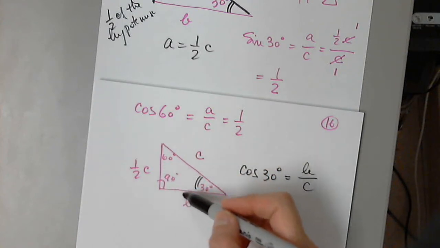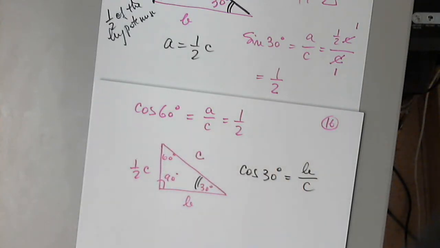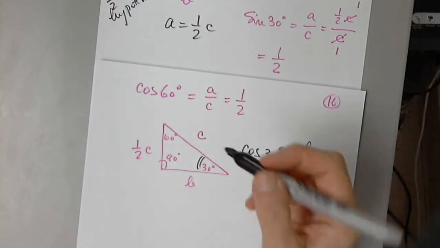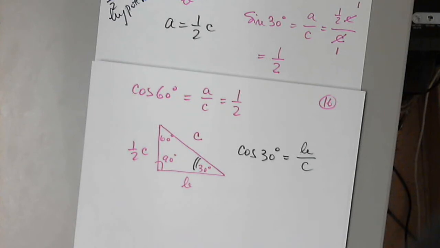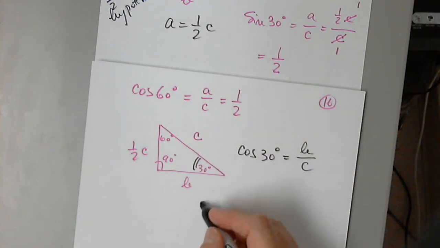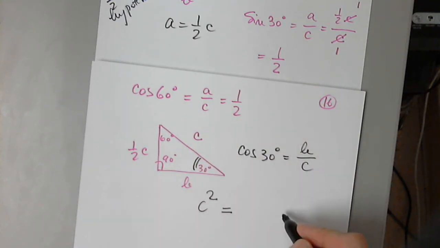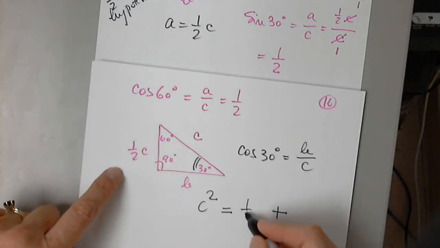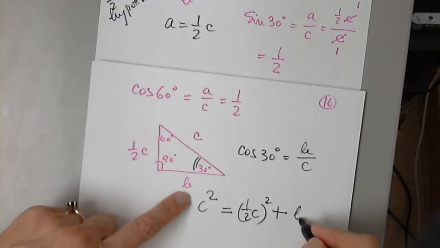Okay, what else do we know in a right triangle? There is a theorem that we always apply in a right triangle. Yes, but careful. Don't say that. Say the hypotenuse squared equals the sum of the squares of the two legs.